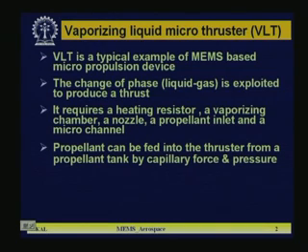Propellant can be fed into the thruster from a propellant tank by capillary force or pressure. For pushing the propellant into the cavity, if you have to use a pump, then that is another addition of components, which will increase the total weight of the microthruster as well as the cost.